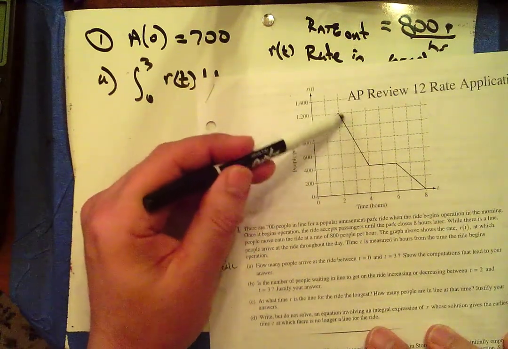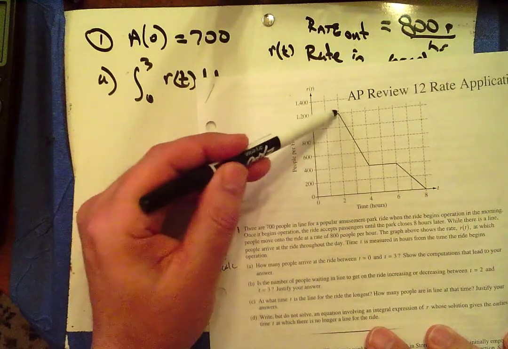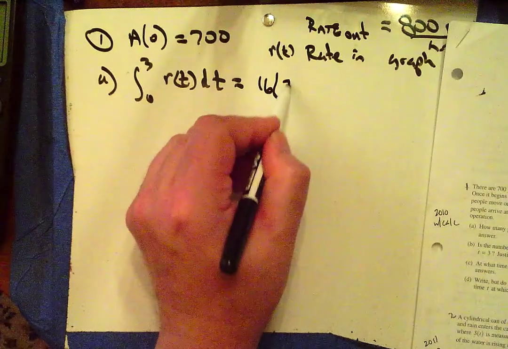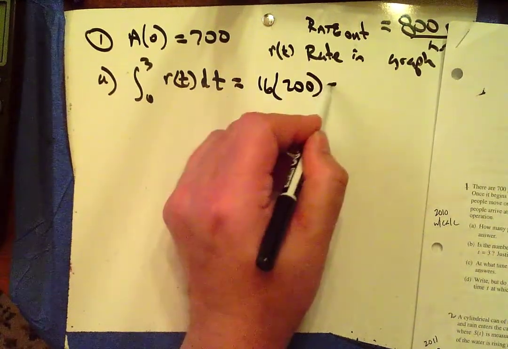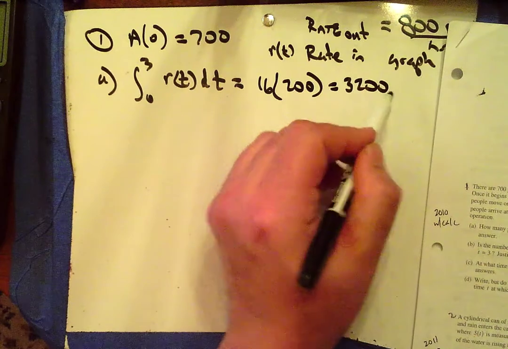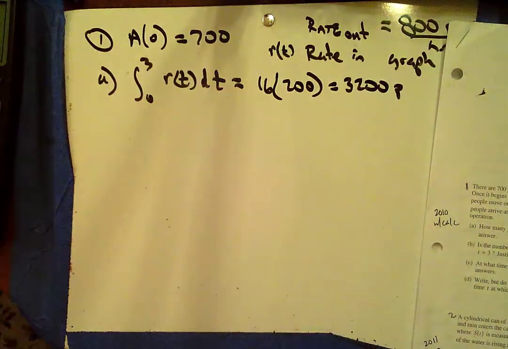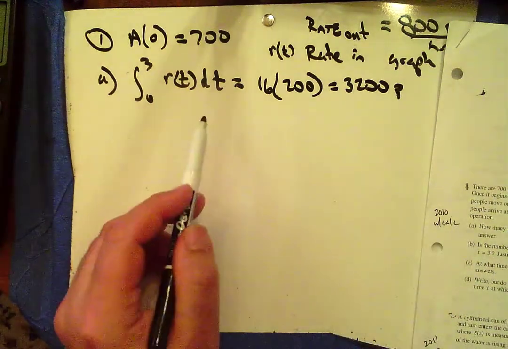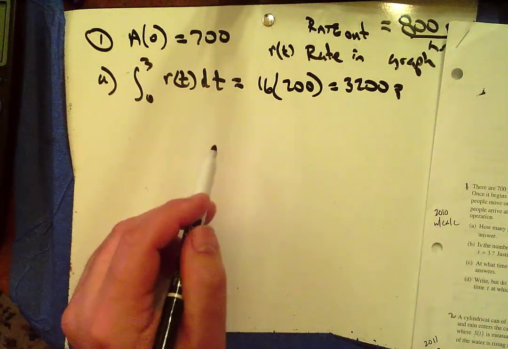Here's 2 boxes cut in half, 15. Here's 2 boxes cut in half, 16. So I see 16 times 200, or 3,200 people showed up.